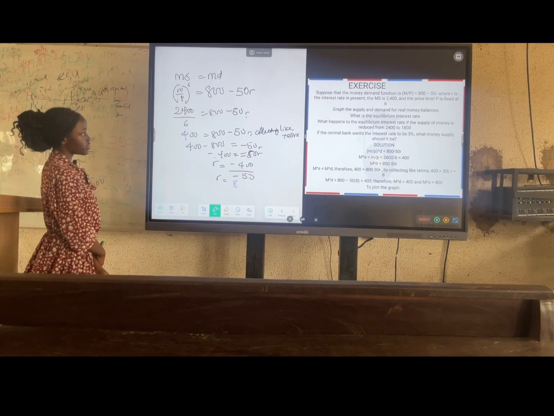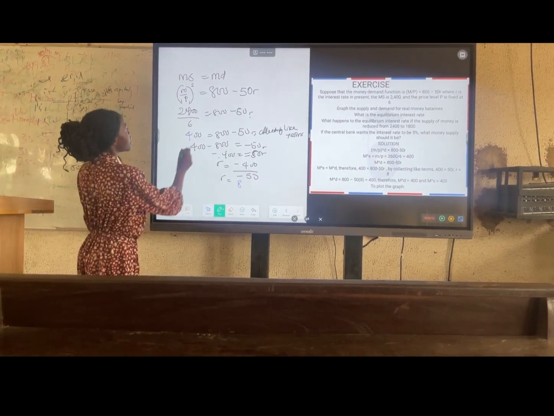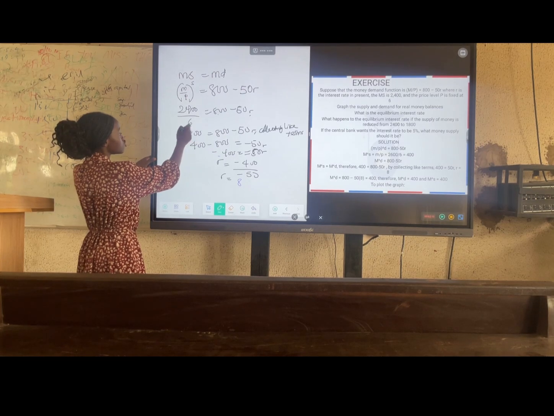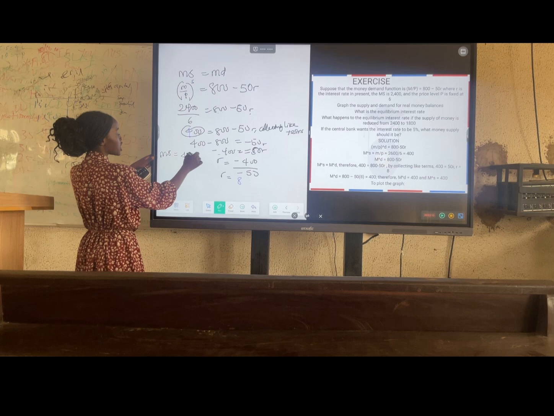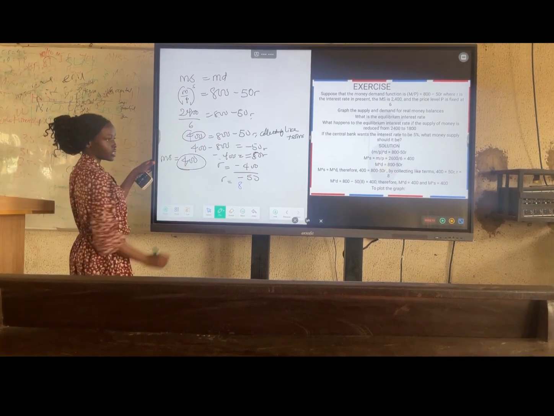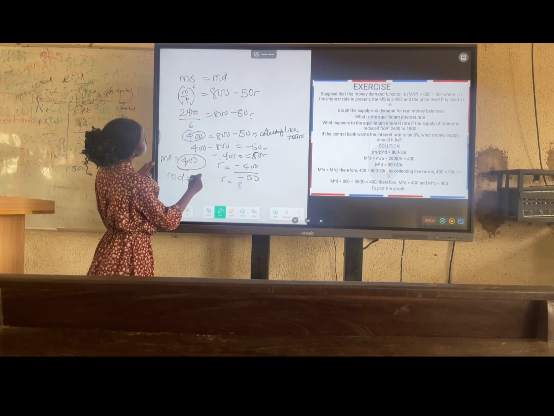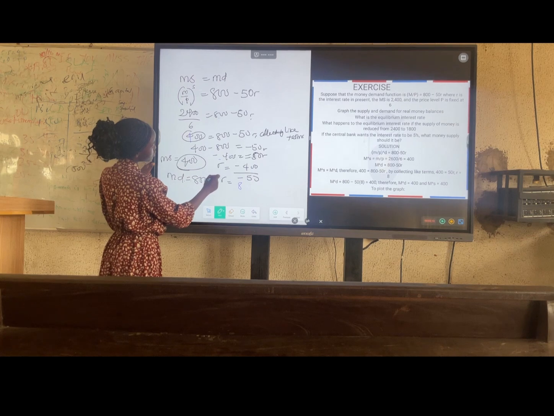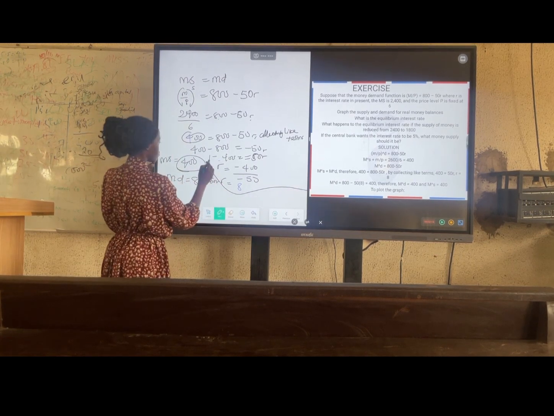When R is my rate, I'm going to be getting the value for my money supply and money demand. Here, I've gotten the value for my money supply to be 400. Money supply equals 400 as per 2.4 over 6. Then, to get my money demand, we use 800 minus 50R.